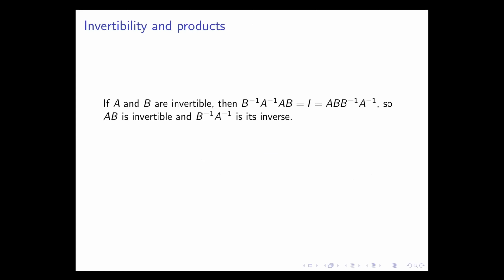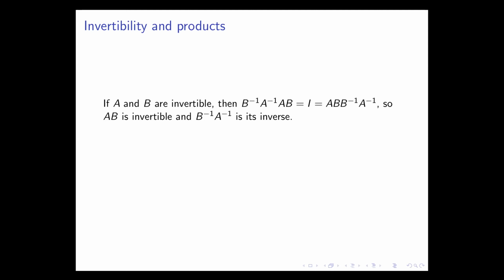Now, let's talk about products. If two matrices are invertible, then you can write them in this order: AB multiplied by A inverse and B inverse. AA inverse is equal to 1, and then BB inverse is equal to 1, so everything is equal to 1. You can also do it in the opposite order.